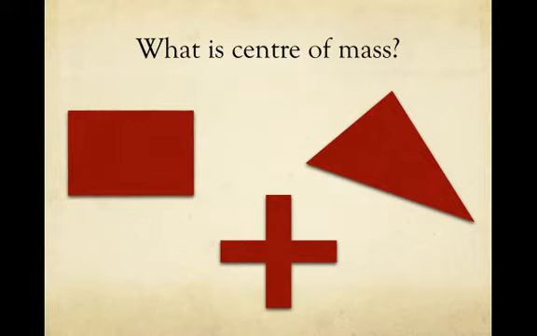We're going to keep this very general, so we'll call this end of the rod O. We'll have our masses M1, M2 and M3, and these are at distances x1, x2 and x3 away from O.